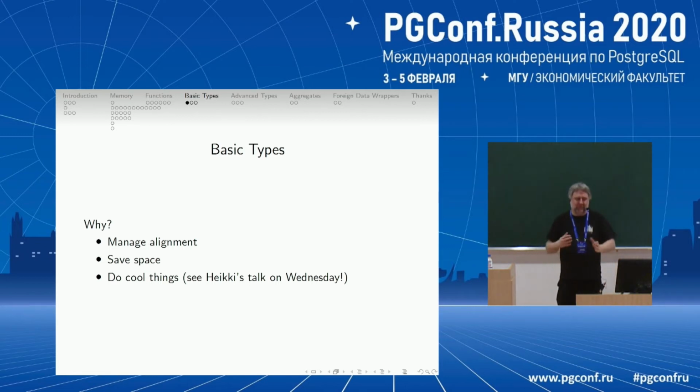Now, a lot of alignment you could do just by reordering columns, but sometimes, if you can also save some space and you can go from variable length to fixed length, you might not only be able to manage alignment better, you might also be able to get rid of, say, the variable length headers and things like that we'll talk about in a little bit.